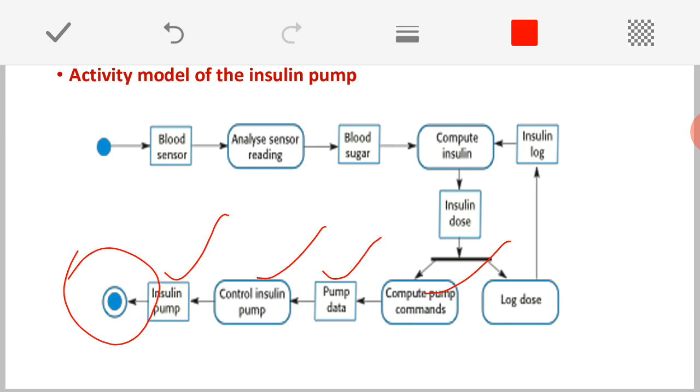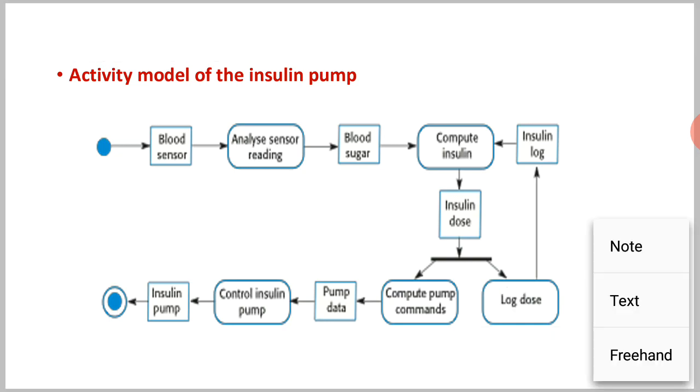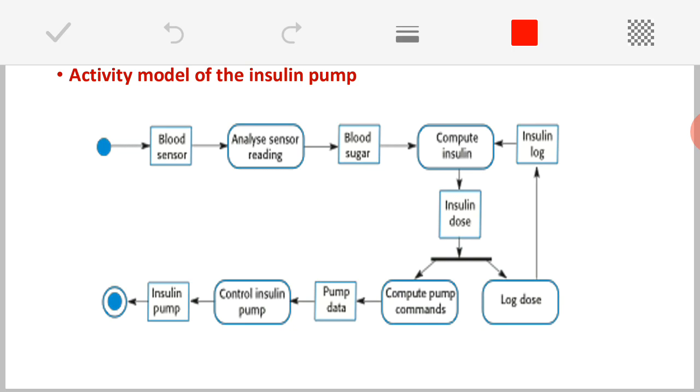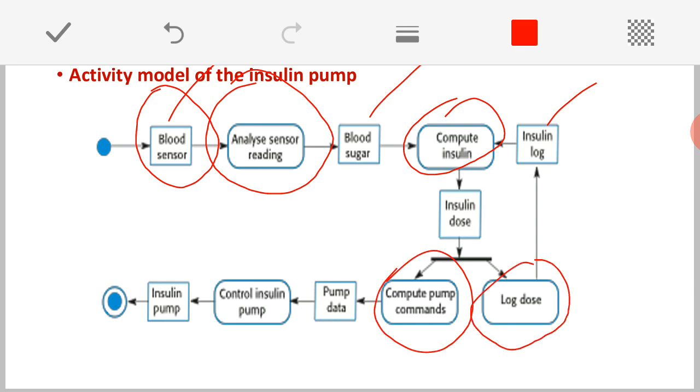Throughout this diagram, you can observe one thing: just have a look at the different notations that we are using here. Somewhere I am using a rectangle box and somewhere an oval shape. Wherever we use the rectangle shape, that is the storage of the data, so here we are keeping the data. Wherever you see these oval shapes, these are all the activities which are happening here.